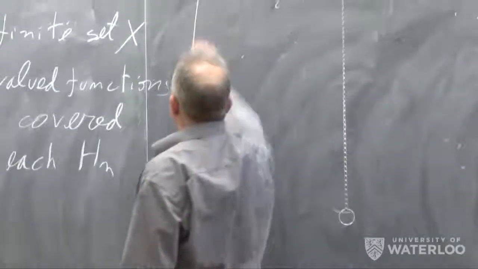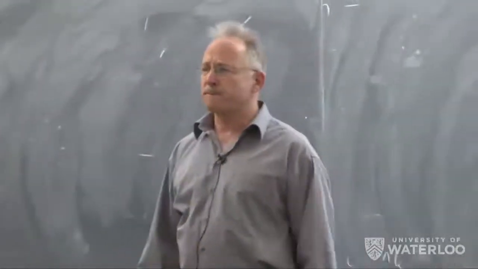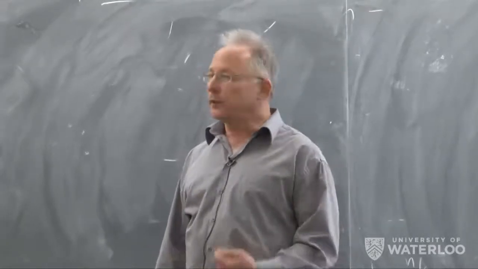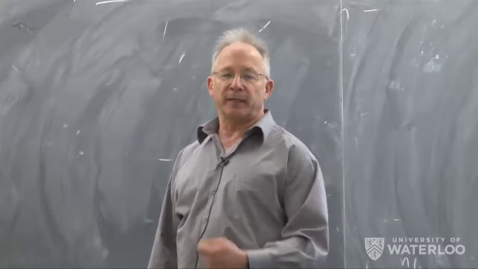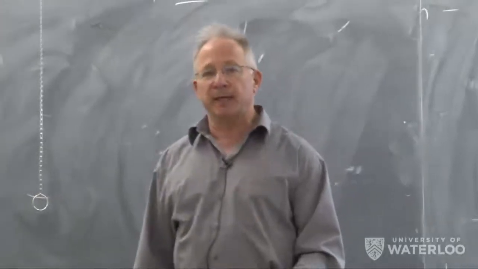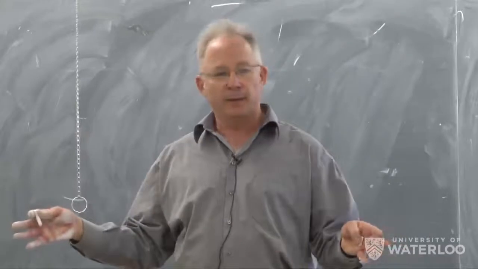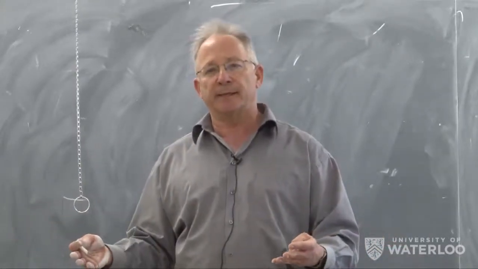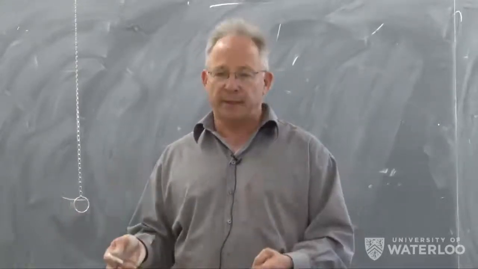OK, so where do we go from now? What I want to do is basically two things. I want to prove this theorem, and I want to give a basic algorithm for learning non-uniformly learnable classes. For learning PAC learnable classes, we had a very simple paradigm: ERM. Now, how shall we learn non-uniformly learnable classes? ERM will not work because we know that ERM works only if you have a finite VC dimension.